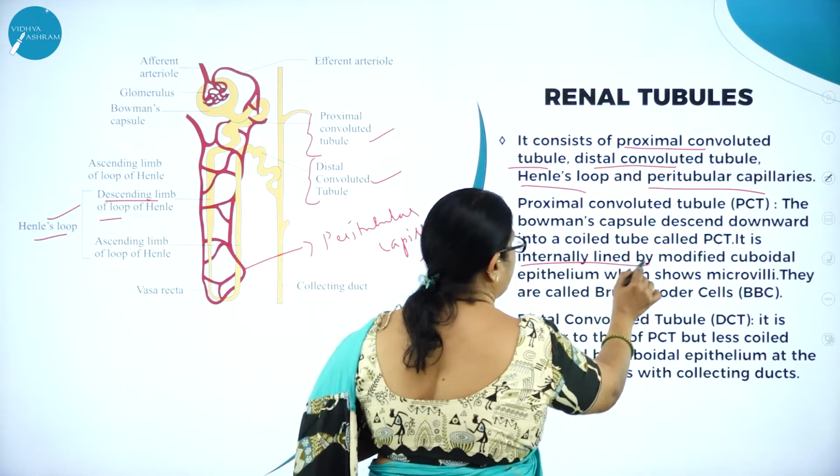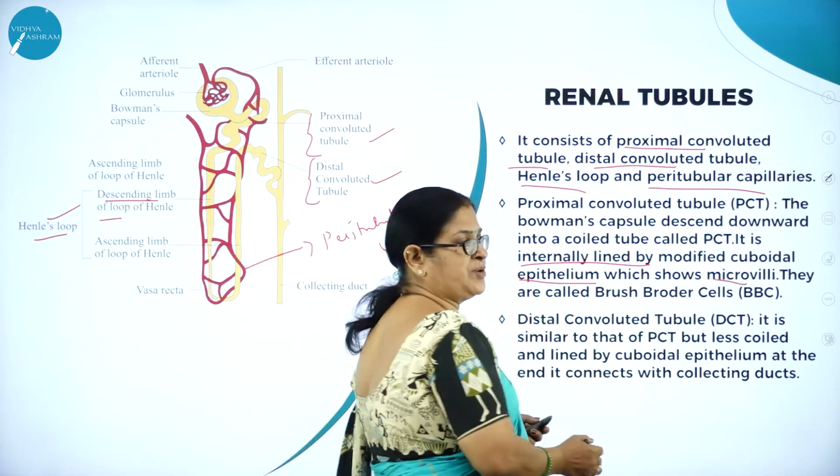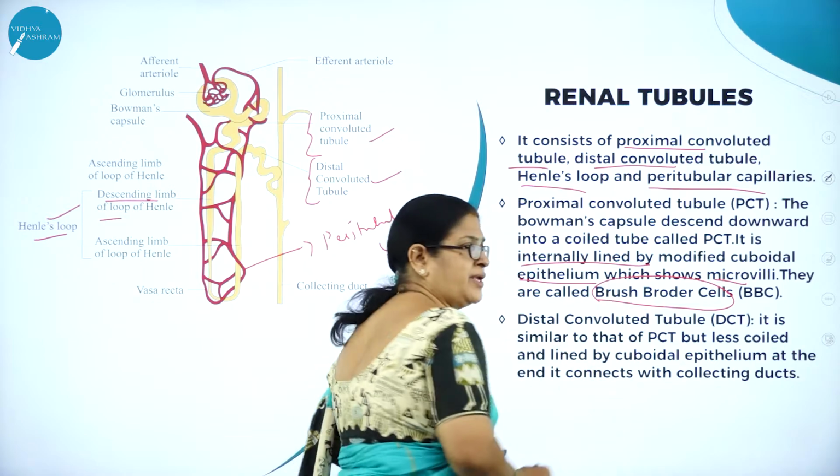It is internally lined by modified cuboidal epithelium, which shows microvilli, finger-like projections. Hence it is called the brush border cells.